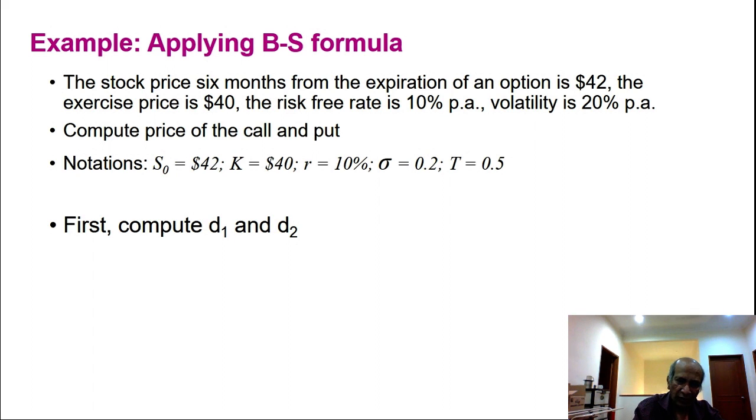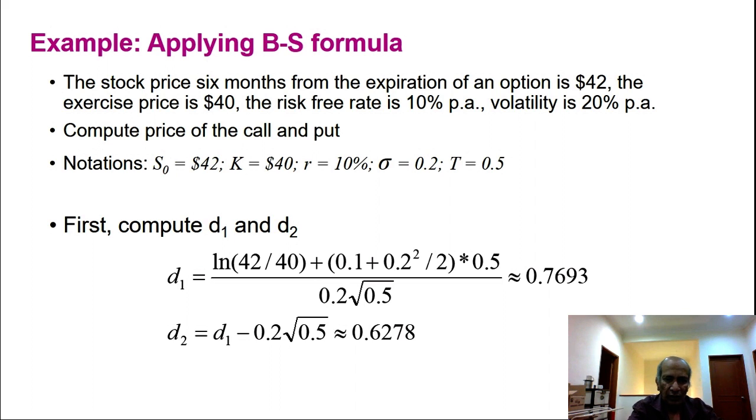Okay, let us see how to calculate the d1. d1, not N(d1), d1. Natural log of 42 divided by 40, plus 0.1, the risk-free return, plus 0.2, the standard deviation, squared divided by 2. The entire thing here, the second part of the equation, times 0.5 because that is the time, divided by 0.2, the standard deviation, square root of 0.5.